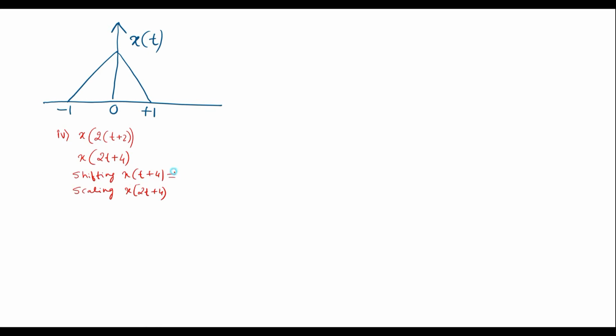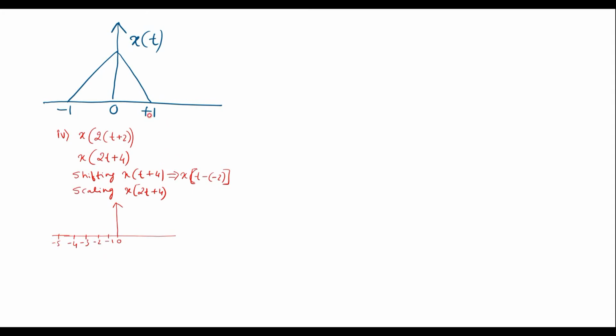So this can be represented as x of t minus of minus 2. So x of t minus of minus 2 is obtained by shifting x of t towards left by 2 units. I'll draw the waveform here. This is minus 1, minus 2, minus 3, minus 4, say minus 5.